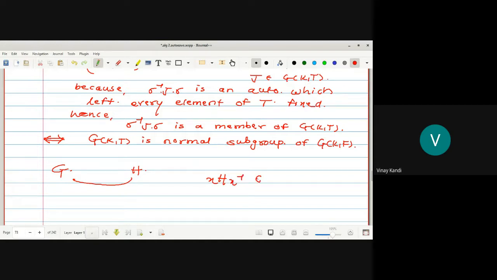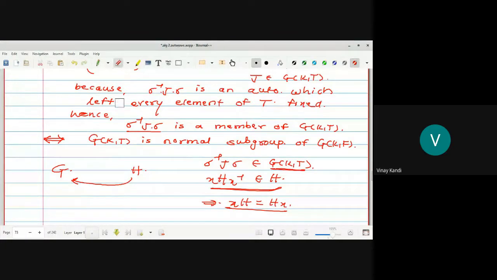H. So what is the meaning of this one? xH is equal to Hx. Then H is the normal subgroup of G. Here we prove that this is the member of G(K/T). So sigma inverse J sigma belongs to what? G(K/T). Hence G(K/T) is the normal subgroup of G(K/F). Okay, any doubt?